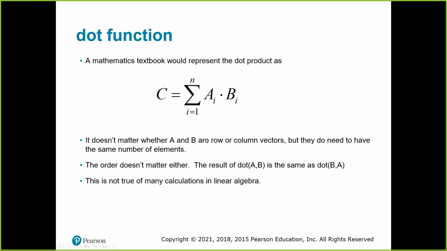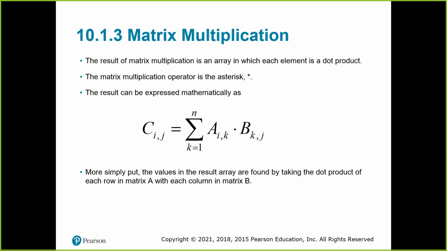And it doesn't matter the input either. You can do A dot B or B dot A. You'll get the same answer. But that's one of the very few instances in matrix algebra where that condition holds true. Another one is coming up here in just a minute.